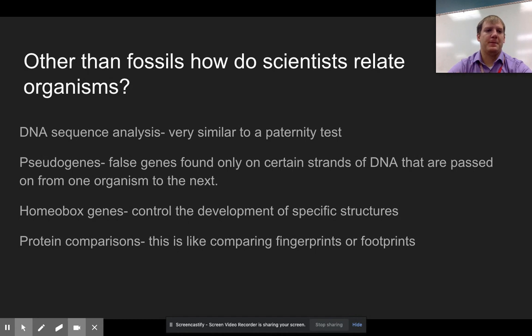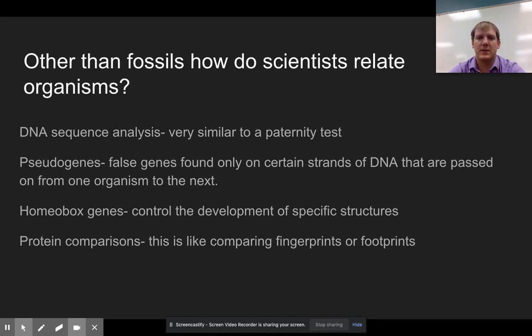All right, pseudogenes. These false genes are found on all DNA. Every single organism has specific pseudogenes. Pseudo means false, so we actually have genes in our body that don't code for anything. And that makes humans unique, because we have specific genes that don't code for anything.